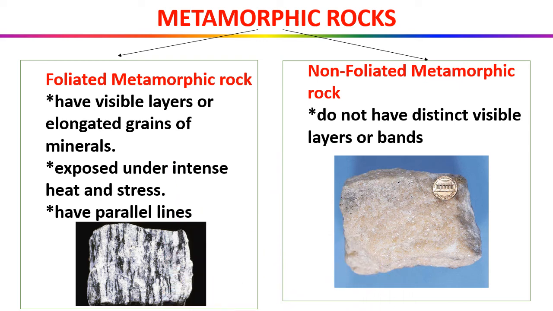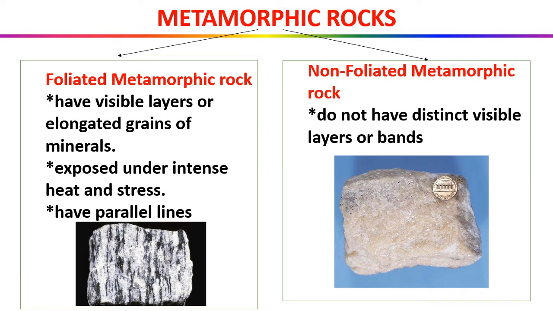Here is the difference between foliated and non-foliated rock. Foliated rocks have visible layers of elongated grains of minerals. You would observe lines, and also it's because of exposure to heat, stress, and pressure.